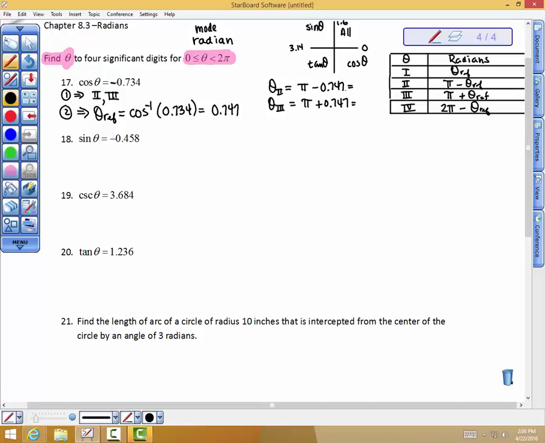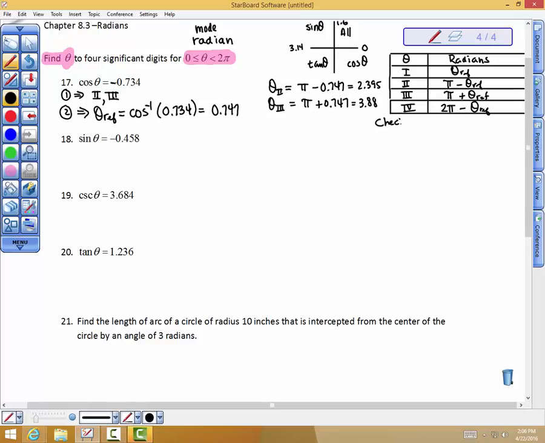Those two answers turn out to be 2.395. These are angles, remember. And 3.88. Remember, you can't get bigger than 6.28 if you're going within the four quadrants. And again, you could check these. I'm just going to say this once now.